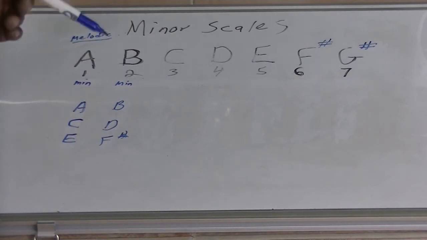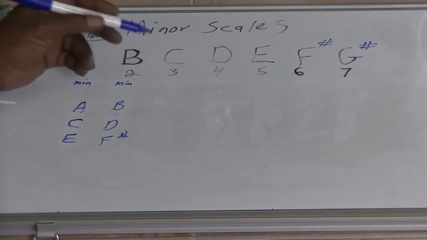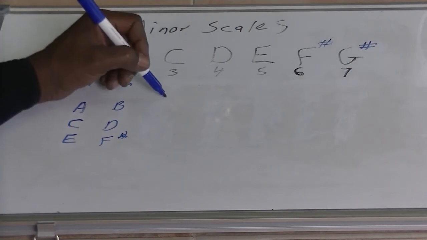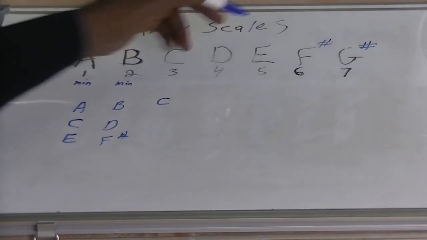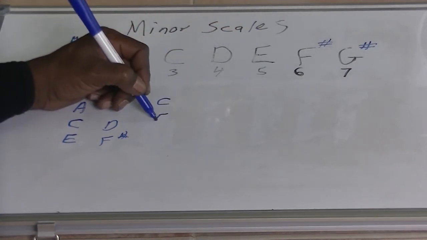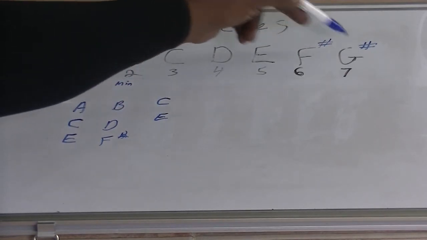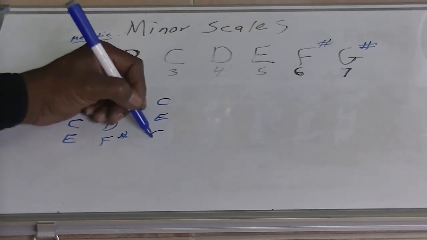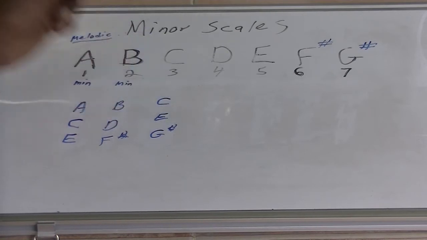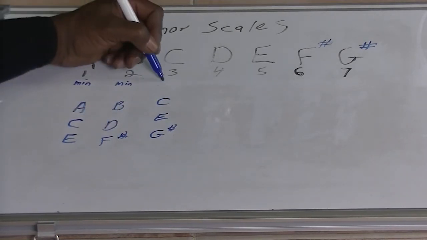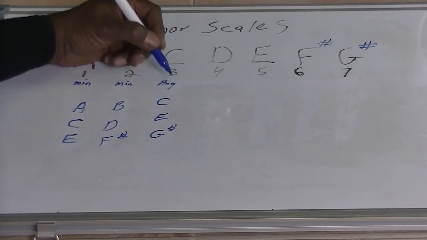So let's continue on. Let's take a look at the C that we have here. We have the C. We skip over the D and we'll take the E. And we'll skip over the F sharp and we get the G sharp. We have an augmented triad, excuse me.